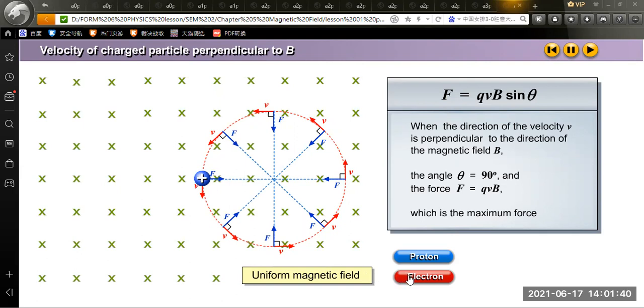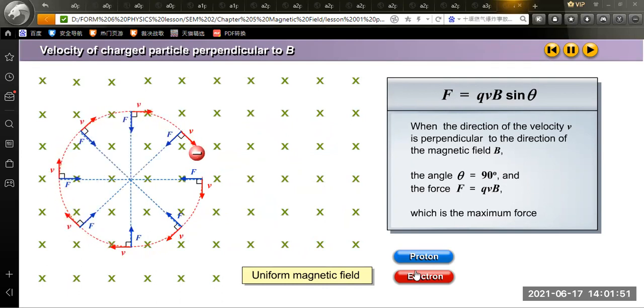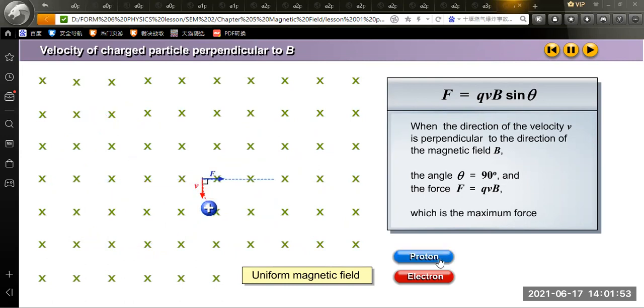How about an electron? An electron moves in the anti-clockwise direction. How about a proton? A proton will move in the opposite direction.